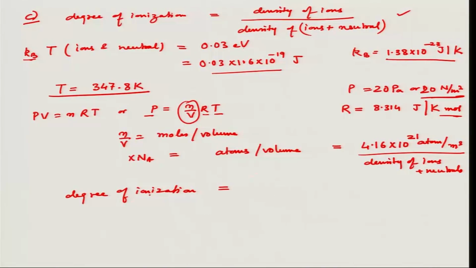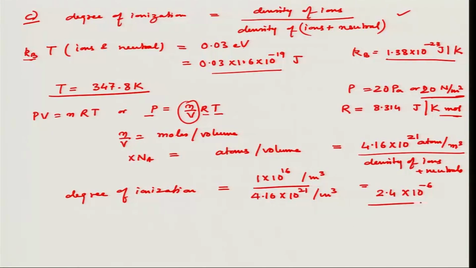Degree of ionization is density of ions, also plasma density, which is 1 into 10 to power 16 ions per meter cube, divided by density of ions and neutrals, which is 4.16 to power 21 per meter cube. So, this will give me degree of ionization of 10 to power minus 6. So, this is my degree of ionization.